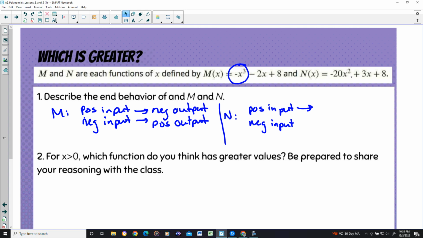But then what's going to happen? Say you put like 1,000,000 or negative 1,000,000. It's going to turn into positive, like 1,000,000,000,000. And then this is going to make it negative 20,000,000,000,000, no matter what these are doing. So both positive input, negative output.